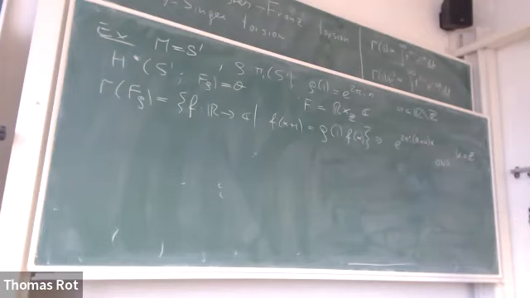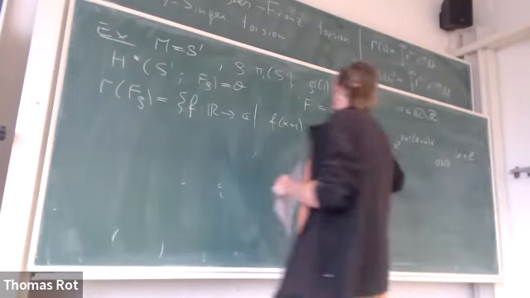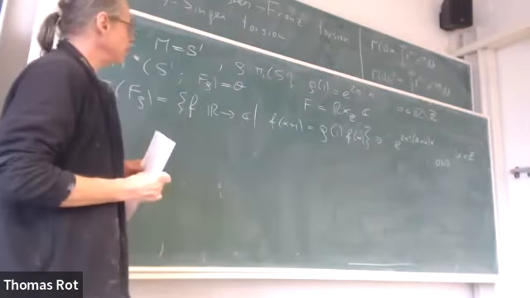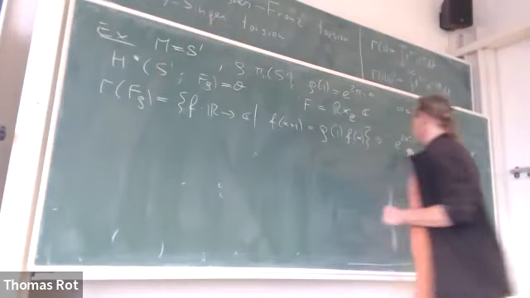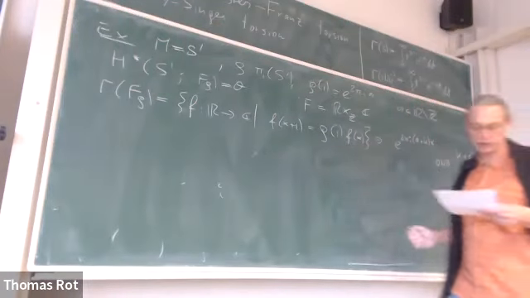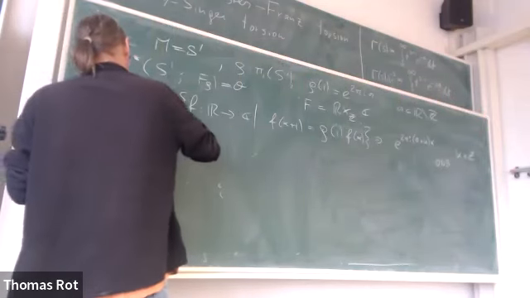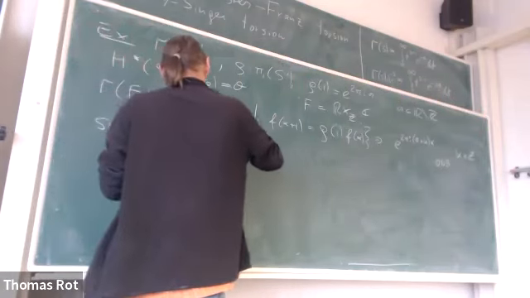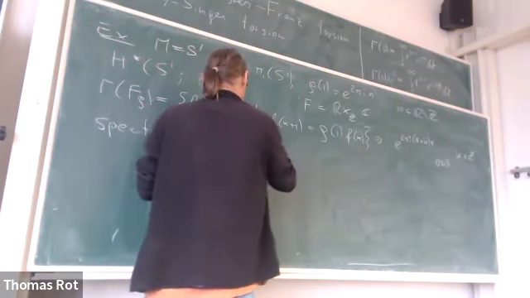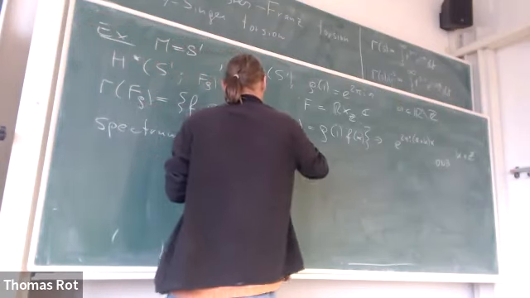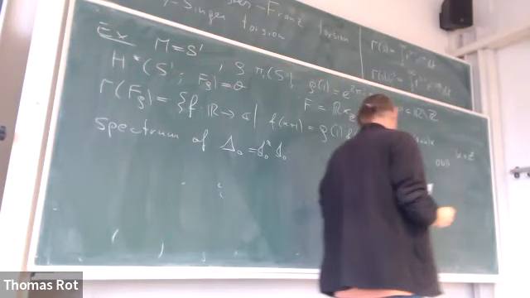But now it's shifted by this number a. Then you can look at the spectrum of this Laplace operator, because these are eigenfunctions for the Laplace operator, and you get the spectrum.